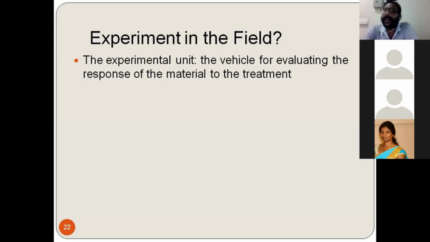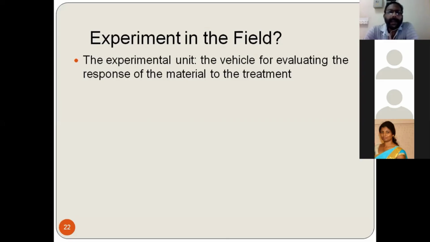So everybody has copied this: vehicle for evaluating the response of the material to the treatment. So what do you mean by vehicle? This is just a definition, right? So you can write in your own language, own phrases.